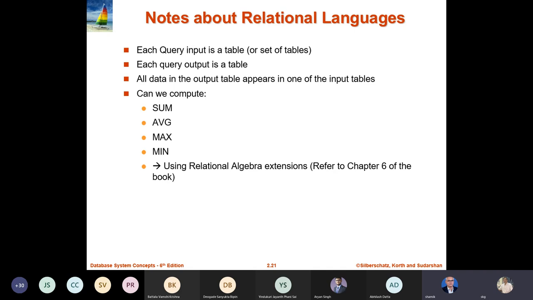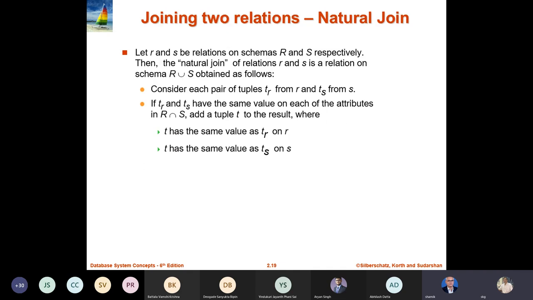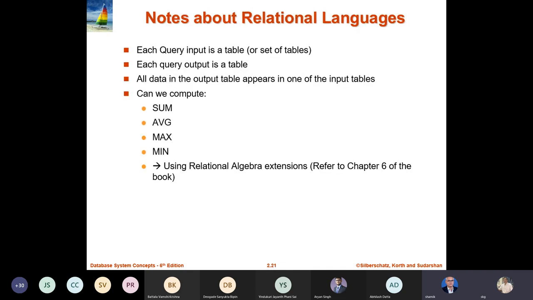The output is generated using the different operations we looked into. There are other things we can compute, like sum, average, max, mean. We will see some of these extensions of relational algebra later, in some of the chapters.